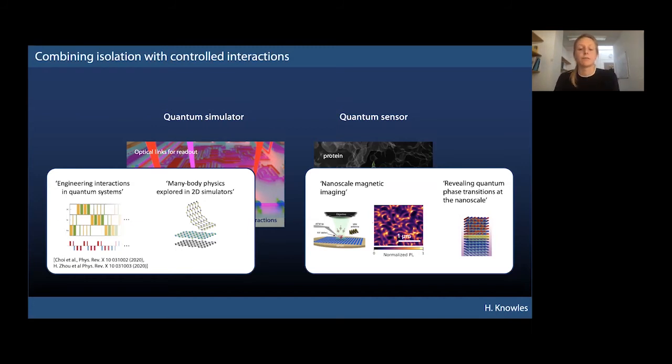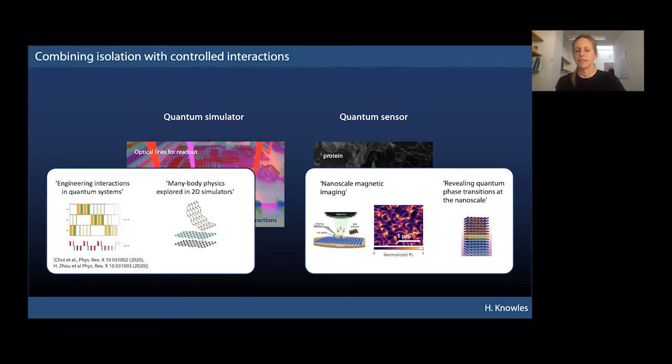But in our case, if we have this diamond spin on it, we can also get information about the magnetic properties, some kind of underlying spin texture of this material, and we can also get information about conductance properties, for instance, investigating superconductivity and magnetism.